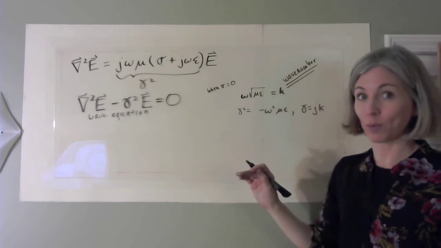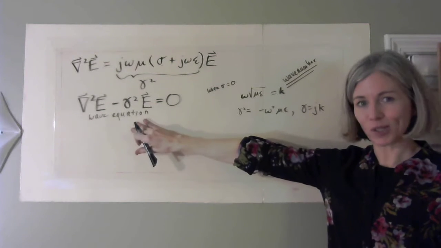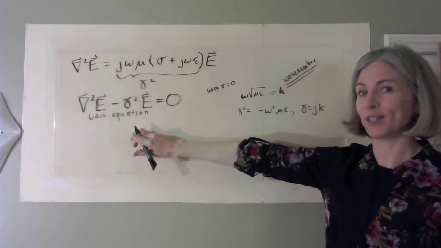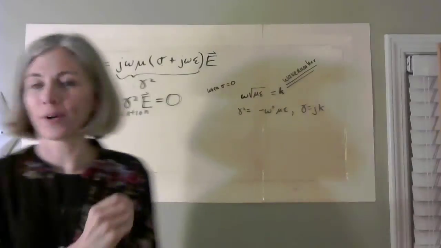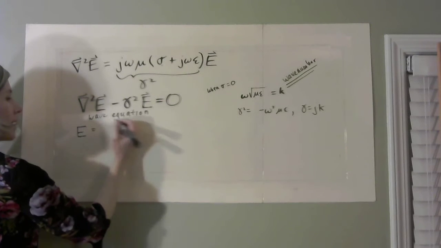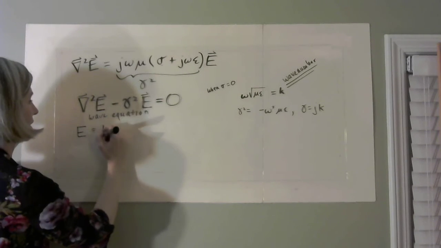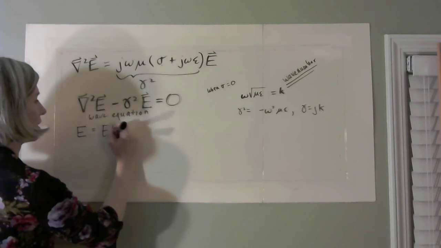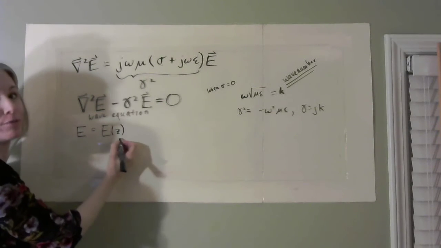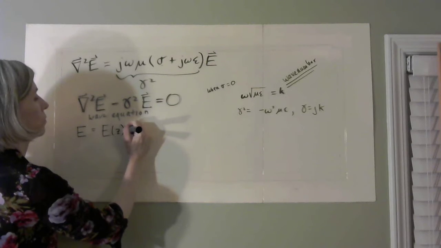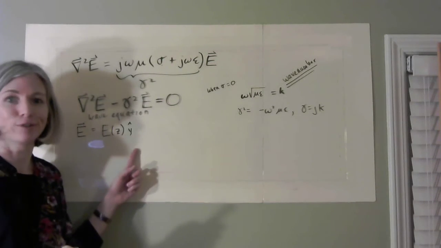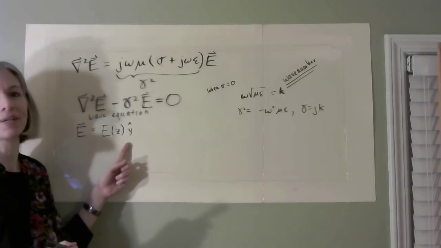And we're going to see how that works out by looking at a special case where we propose a solution to the wave equation, where E is just a function of z, like some amplitude that's a function of z only, in the y direction. So I'm getting my vectorness from this unit vector right here.